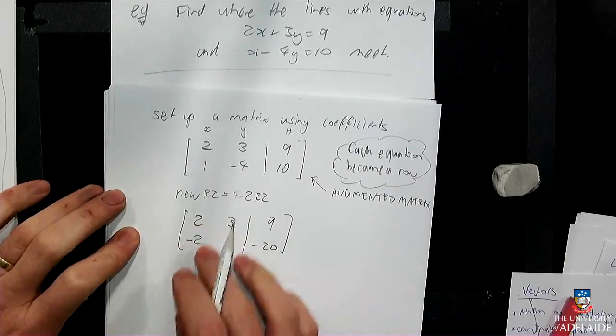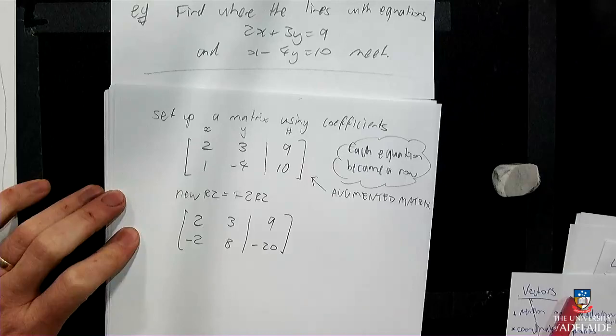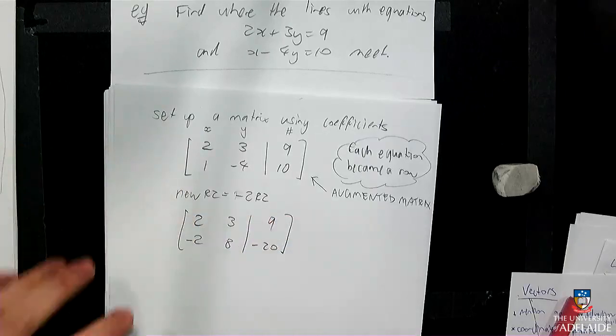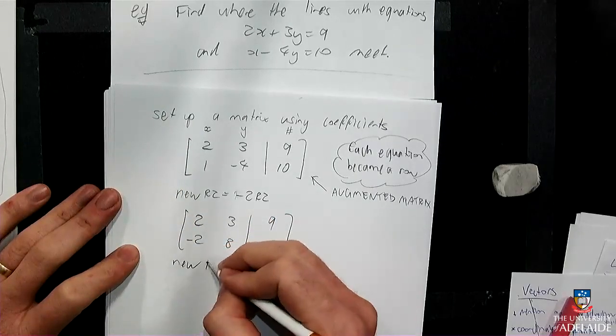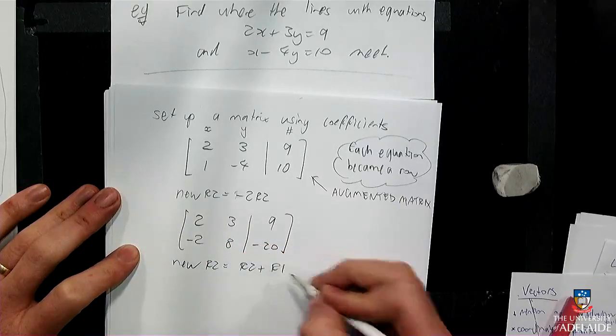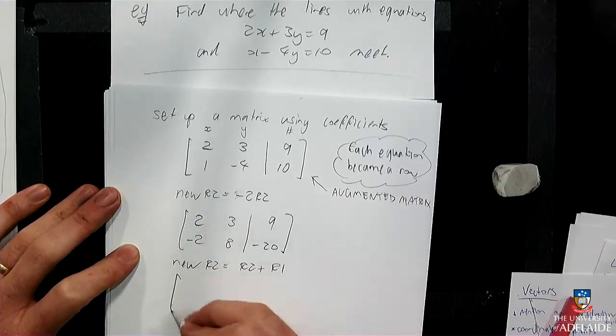And then I added these 2 rows together to make a new equation. And I'm going to have to keep one of them because there always have to be 2. So I'm just going to keep this one because it's prettier. And so my new row 2 is my old row 2 plus this row 1.